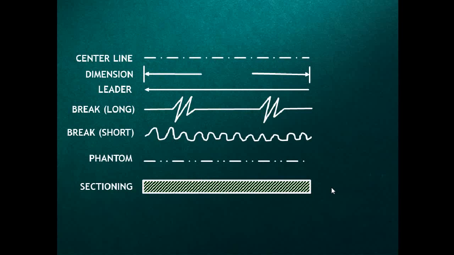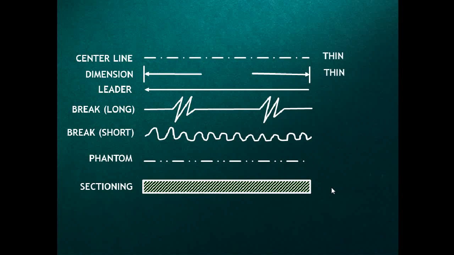The next thing is how they are actually drawn. The center line is drawn in a thin line. Thin can be 0.2 or 0.3 of your pen, depending on the size or scale that you're using.